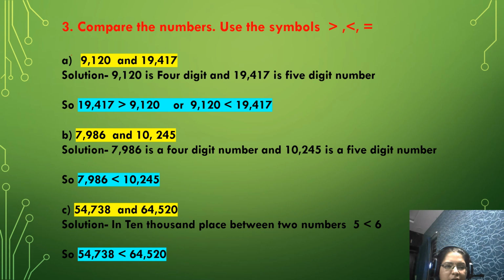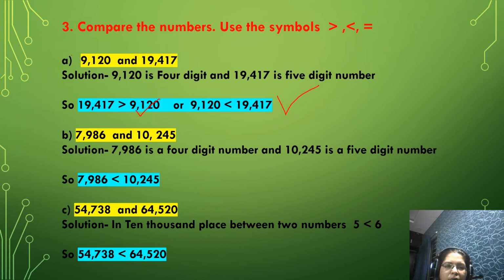If we compare them, 9,120 is a 4-digit number and 19,417 is a 5-digit number.